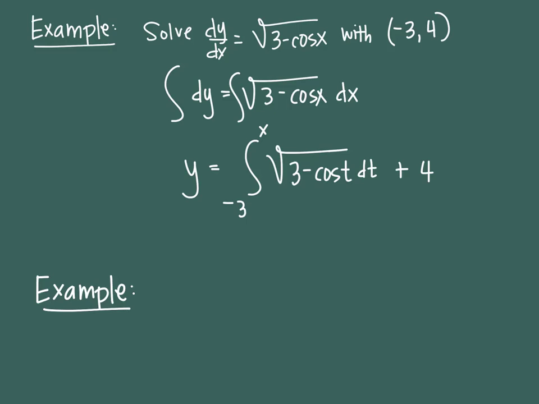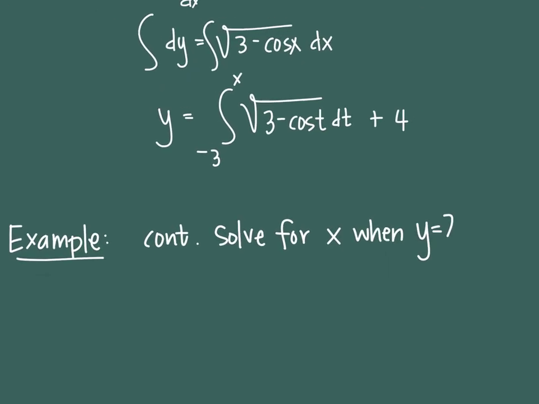So suppose that you were wanting to solve the same question above, continued: solve for x when, say, y is 7. And so then, if you had an additional point, you would set that up and solve it: the integral of 3 minus cosine t dt plus 4.